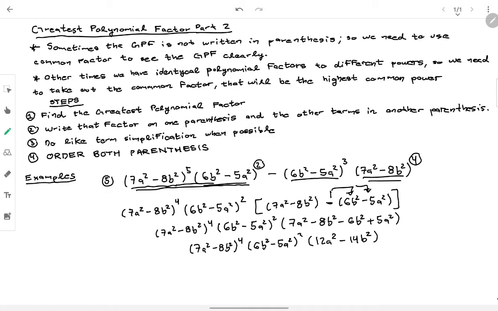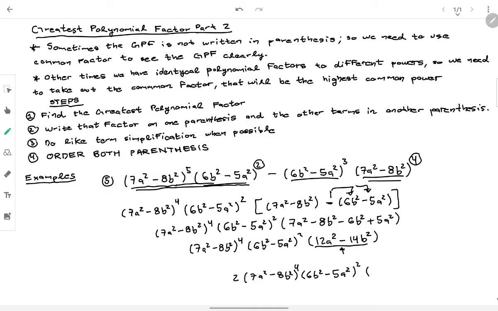squared. So from the last parenthesis, we can take out a common factor that is going to be 2. So the final answer is going to be 2, that multiplies 7a squared minus 8b squared, all of it to the 4th power, that multiplies 6b squared minus 5a squared to the 2nd power.